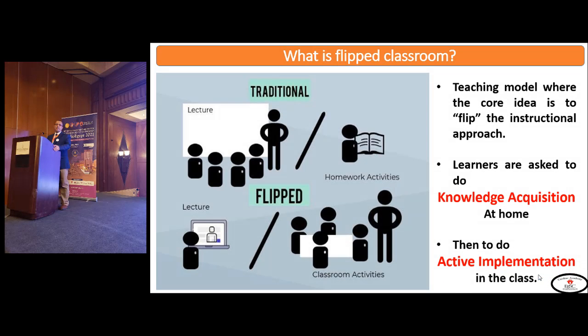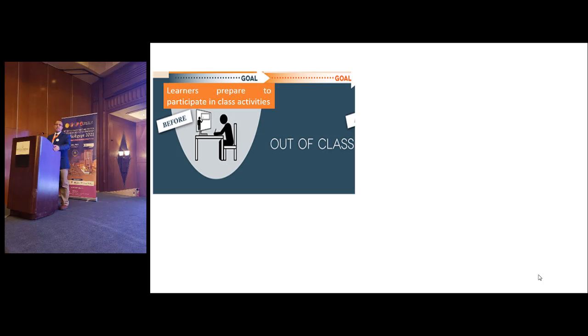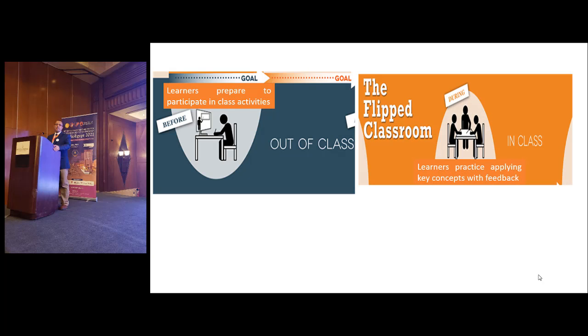Actually, flipped classroom is a teaching model, but the core idea here is to flip the instructional approach. That means the learners are asked to do knowledge acquisition at home, then they come to the class to do active implementations. So before the class, learners prepare to participate in class activities, then they come to the class to practice applying key concepts with feedback from mentors and from peers.